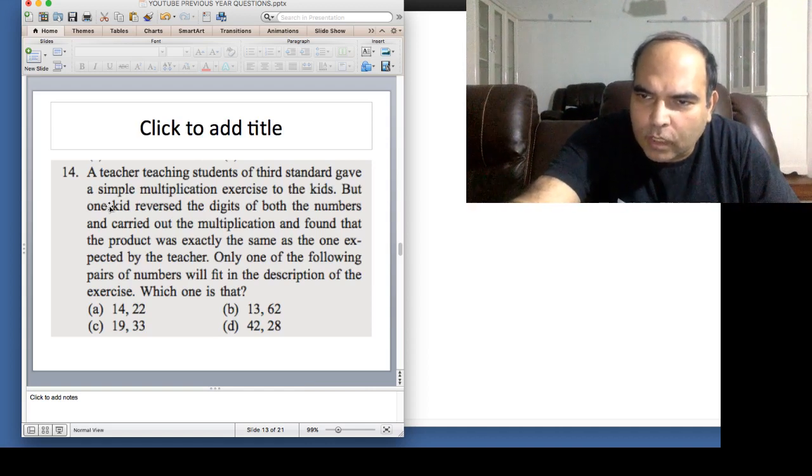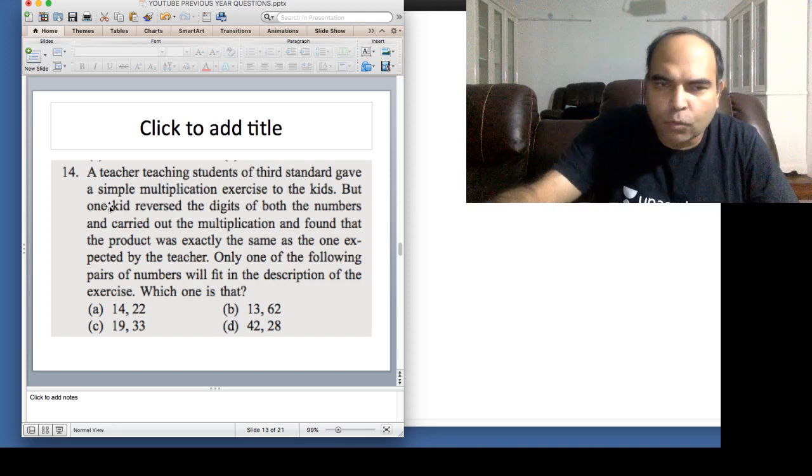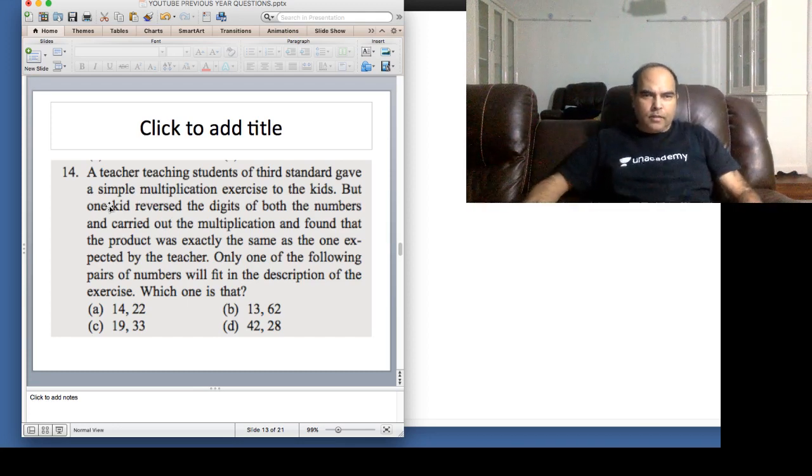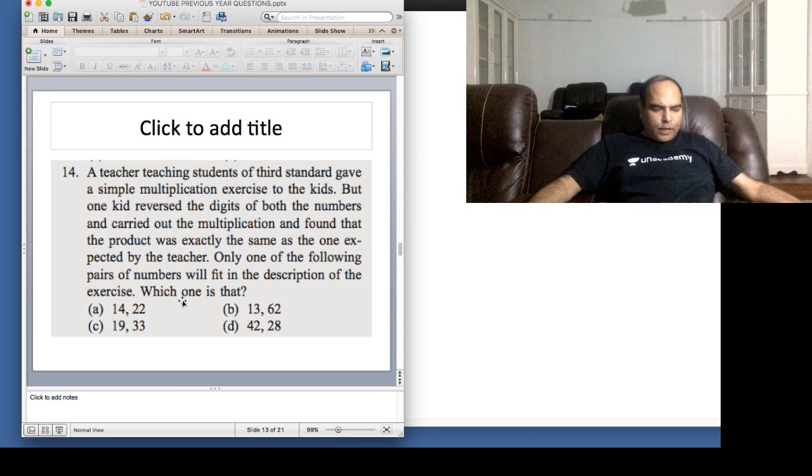This question is talking about a teacher teaching students of third standard who gave a multiplication exercise to the kids, but one kid reversed the digits of both numbers and carried out the multiplication, and found the product was exactly the same as the one expected by the teacher. Only one of the following pairs of numbers will fit in the description of the exercise. Which one is that?